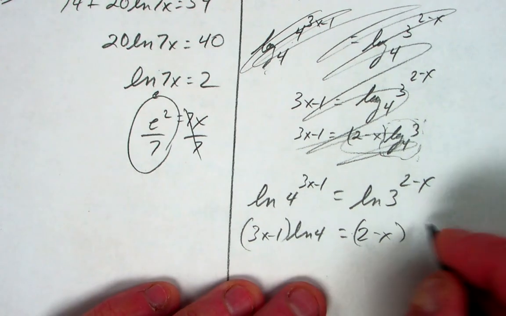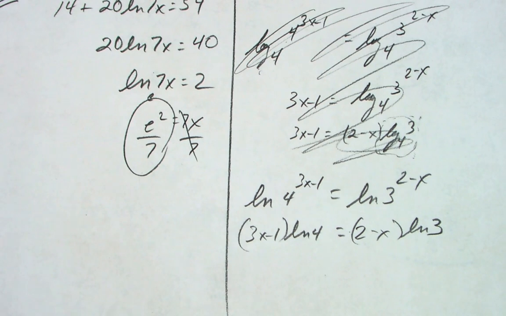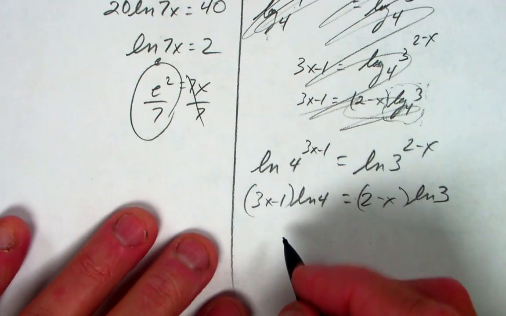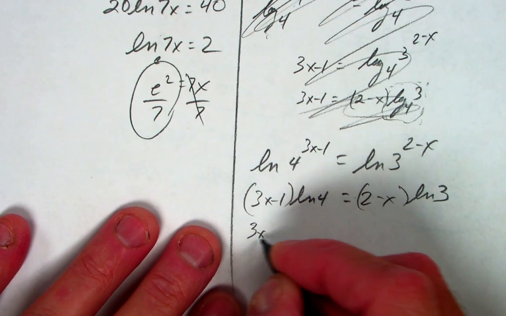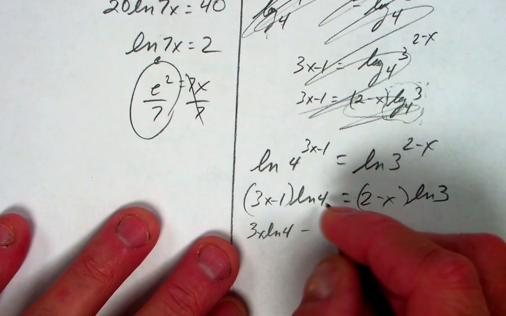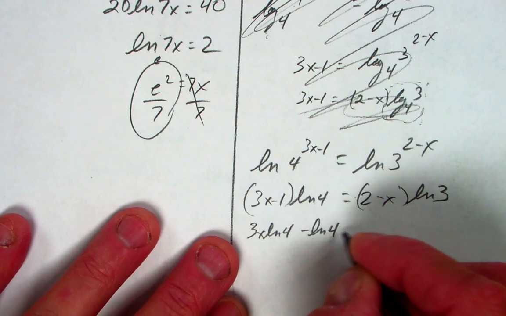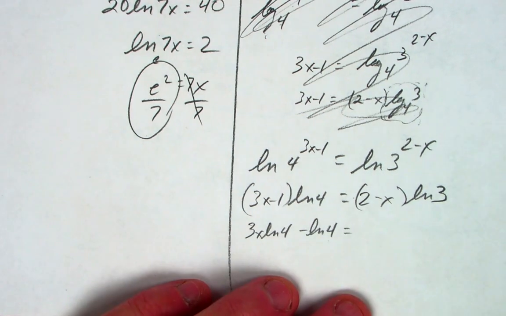Okay, it's just cleaner. So now, I've got to solve for x. Raise them both to e. Well, I can't quite do that because I've got some things that are... So the only thing I can do is this. I've got to distribute 3x natural log of 4 minus natural log of 4. This kind of makes me want to throw up in my mouth a little bit.